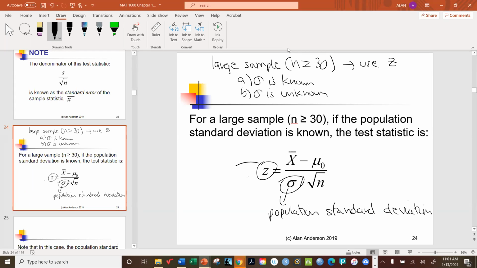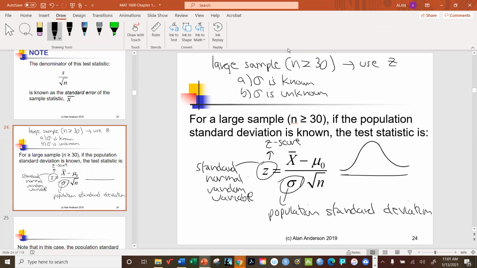And of course, this is our old friend, the standard normal distribution. So you can see from this formula, what you're actually doing is creating what's called a z-score. You're going to find yourself somewhere along this normal curve. Let's say that this turns out to be 2, then you'd be up here somewhere.